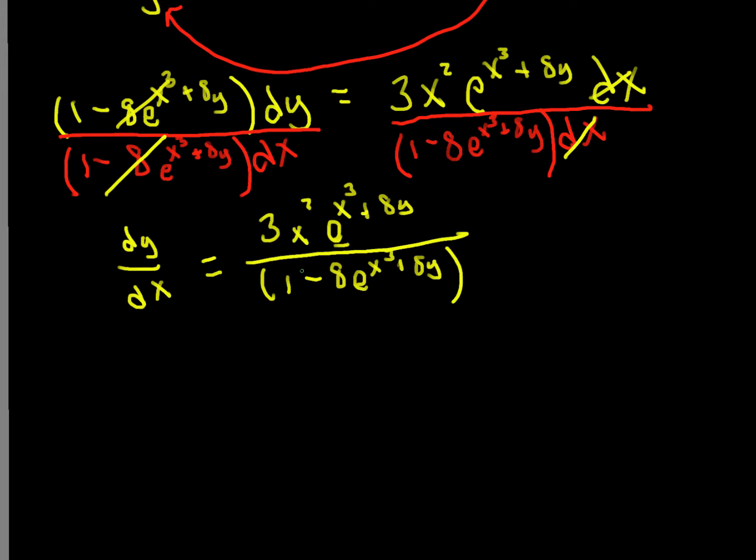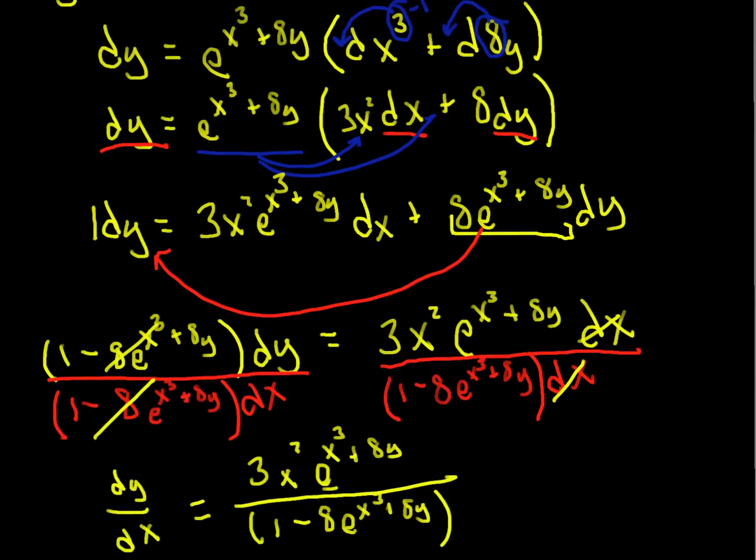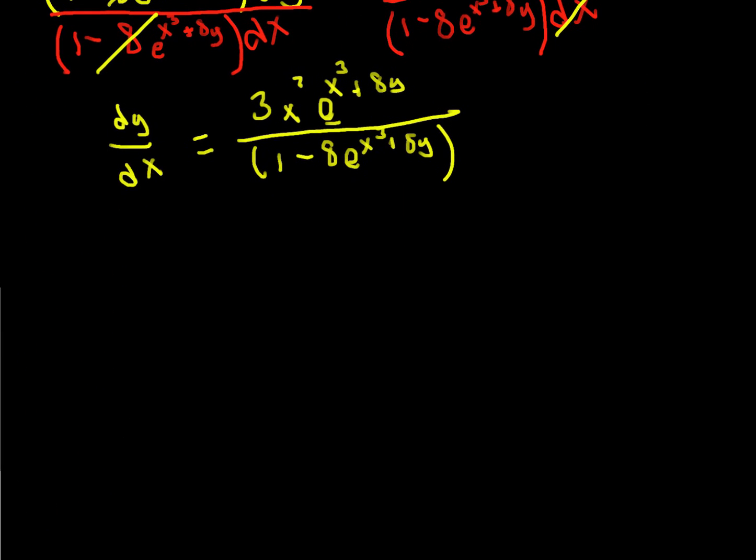And if I want, it's been a while, what are we trying to solve? We want the equation of the tangent line to this curve at the point (-2, 1). So we said, okay, we need to find out what dy/dx is, and in particular, we need to evaluate it at the point (-2, 1). So we've solved for dy/dx, and now we can evaluate it. So dy/dx at the point (-2, 1).